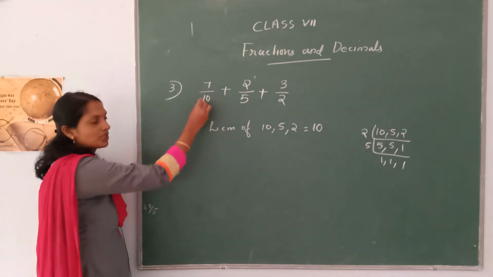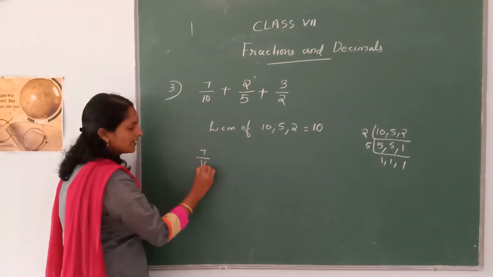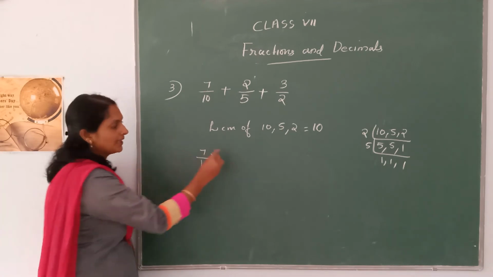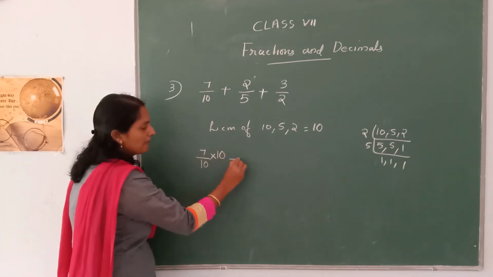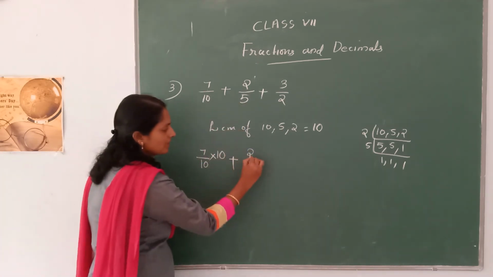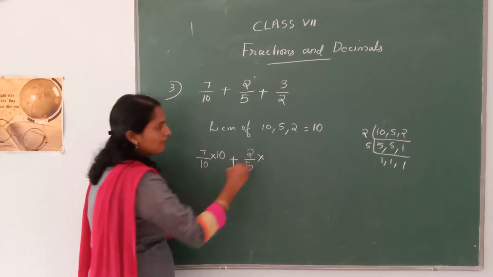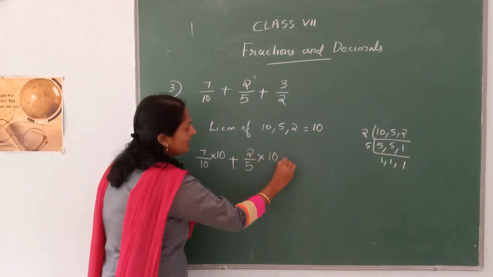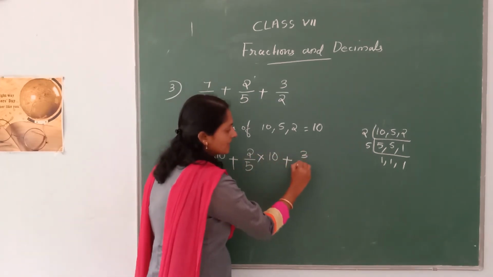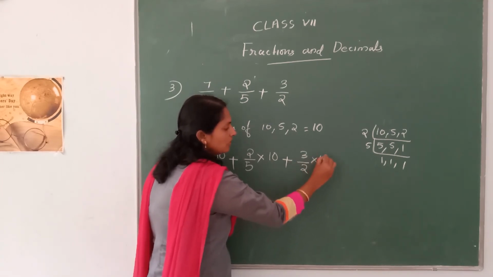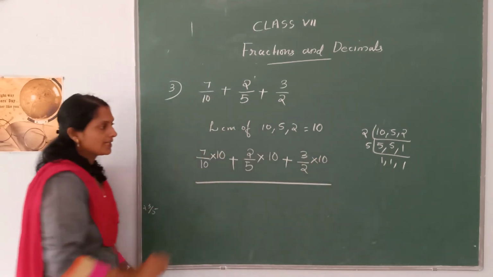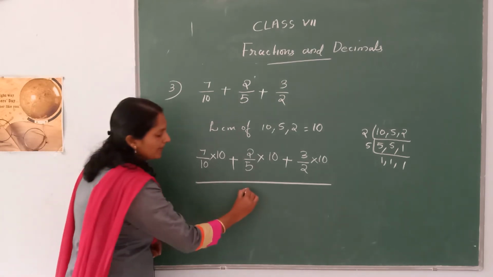Then consider the first fraction 7 by 10 and multiply by that LCM 10, plus you take the next fraction 2 by 5 and multiply by 10, plus the third fraction 3 by 2 into LCM 10, whole divided by 10.